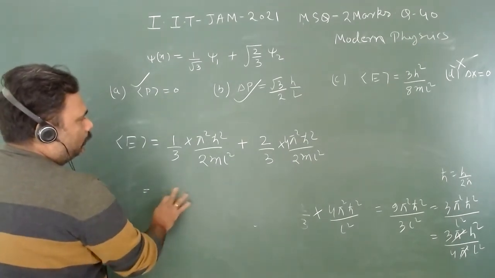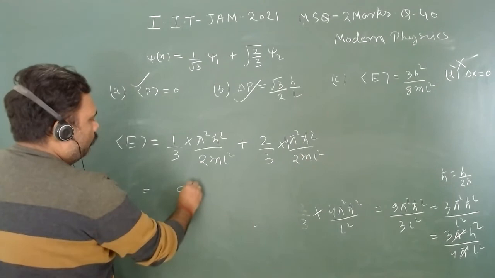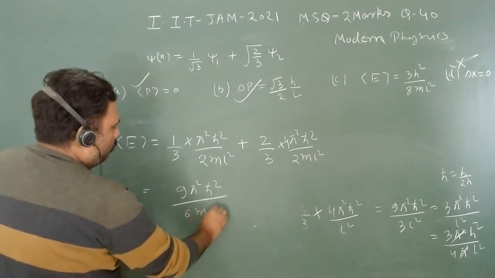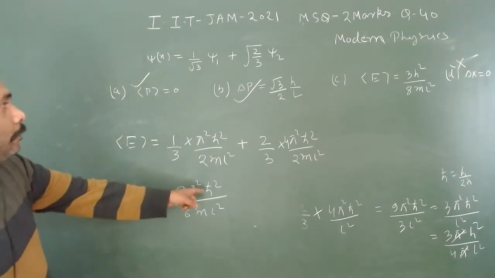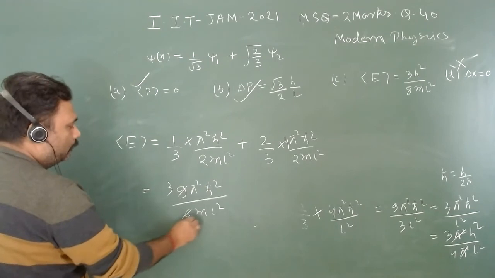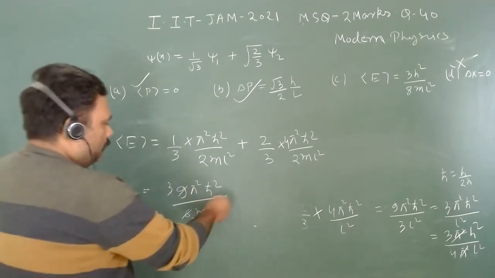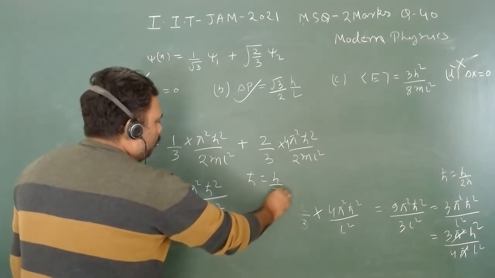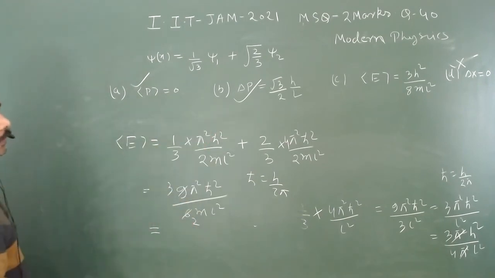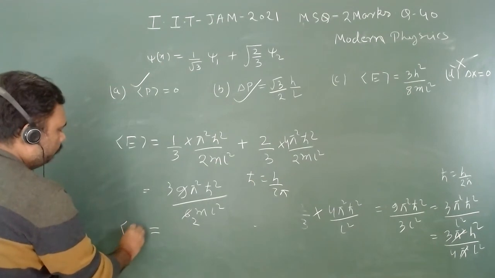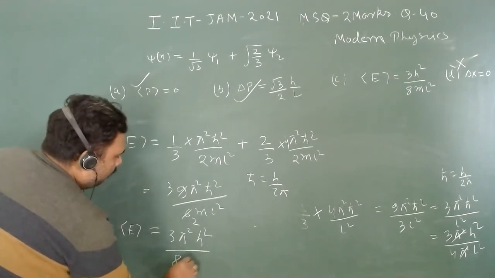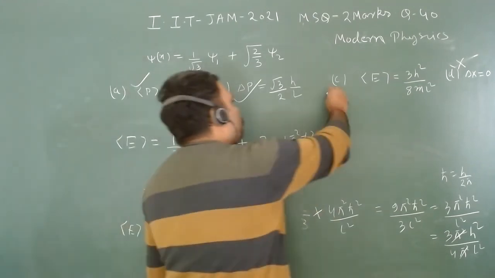This value is 9 pi square h cut square upon 6 m L square. Putting h cut equal to h upon 2 pi, we easily get that the average value of energy is 3 pi square h square upon 8 m L square. So yes, this option is also correct.